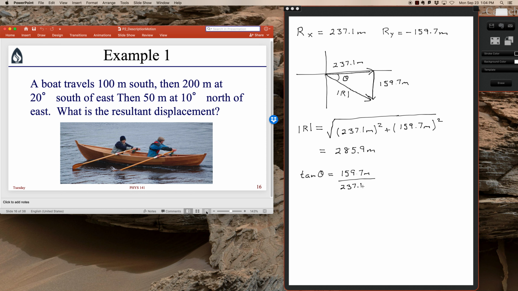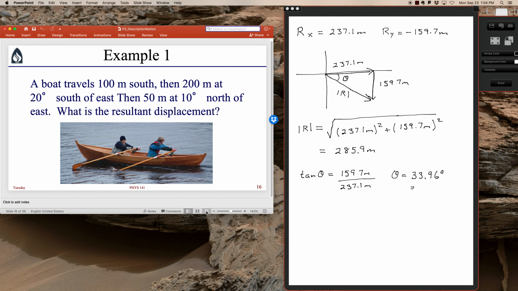And so I would need to then take the inverse tan of whatever this ratio happened to be. And if I do that, I would find that the angle I get is equal to about 33.96 degrees. So let's round that to 34 degrees.